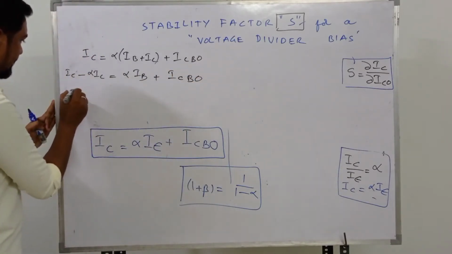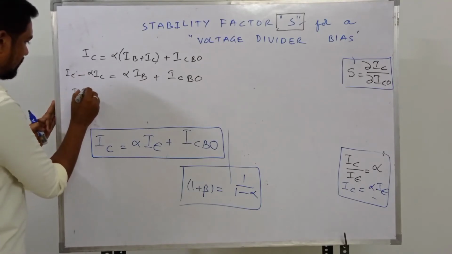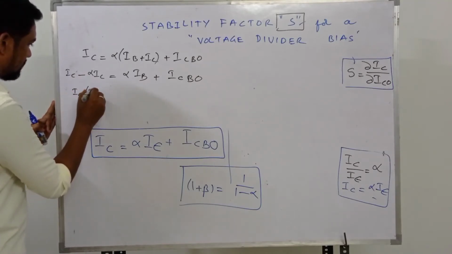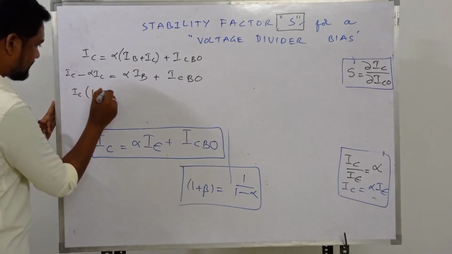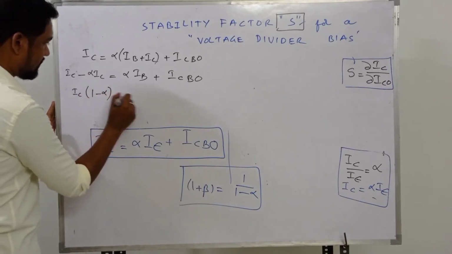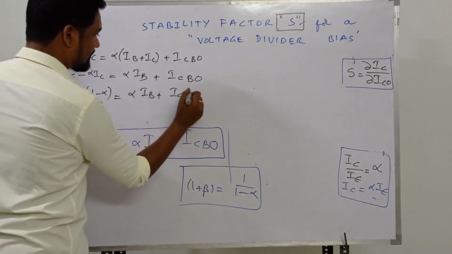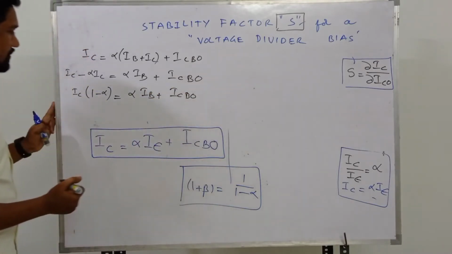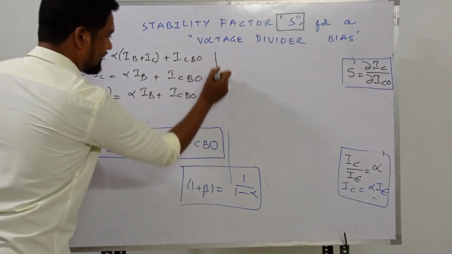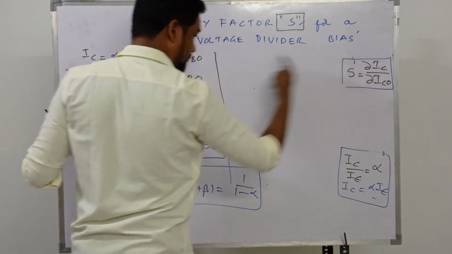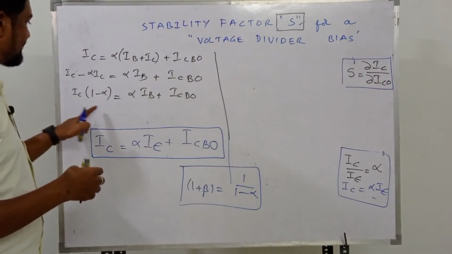Now taking out IC as common, we will have 1 minus alpha, which is equal to alpha IB plus ICBO.